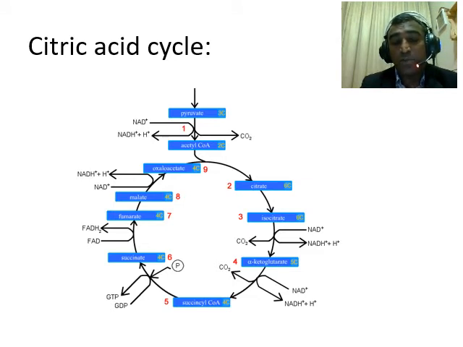I normally memorize it by using this abbreviation referred as OCIKSSFM, where O stands for oxaloacetate, where it reacts with acetyl coenzyme A, and then C is citrate, and then isocitrate I, ketoglutarate K, SS involves succinyl-CoA and succinate, and then FM fumarate, malate, and then back to oxaloacetate.